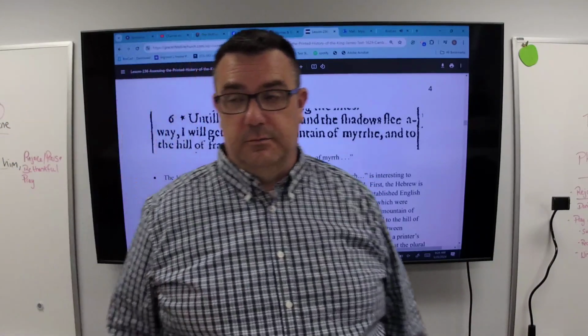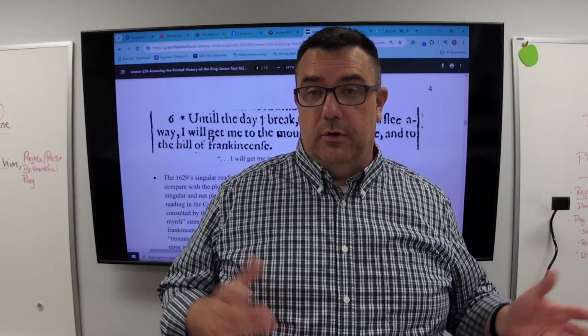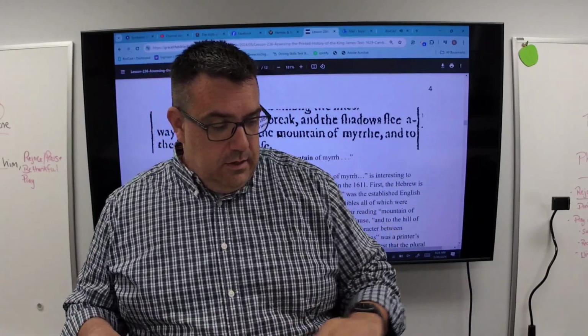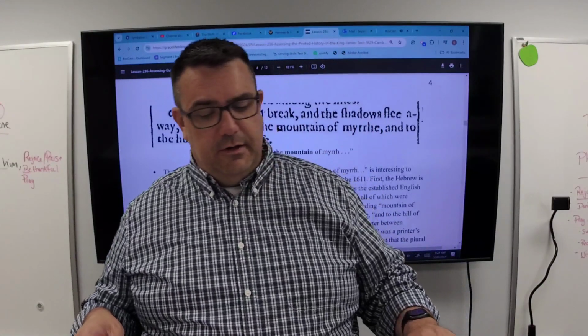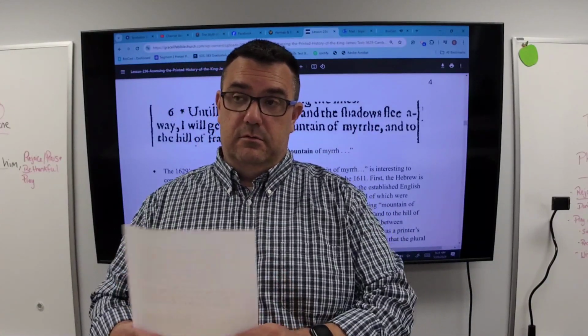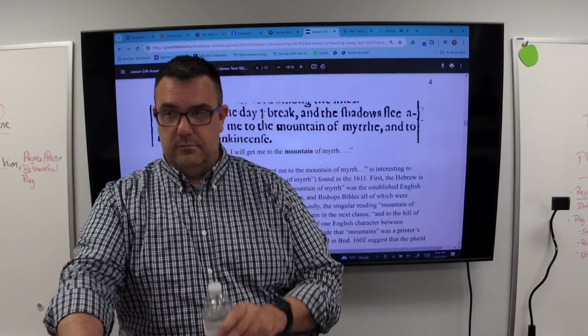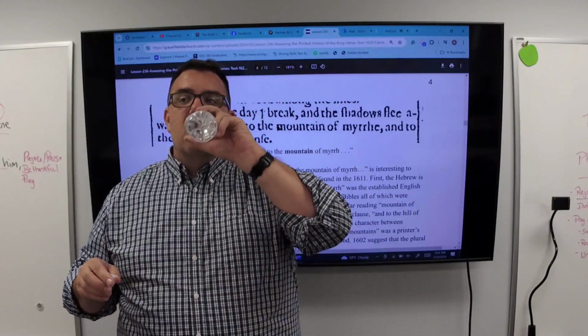Singular. As opposed to what? Plural. Okay, so let's look at the analysis there. Before we read this, anybody have any questions or comments? They made a minor change in spelling of mountain too. They left the E off.